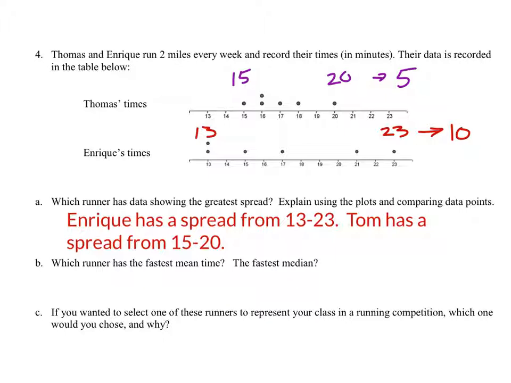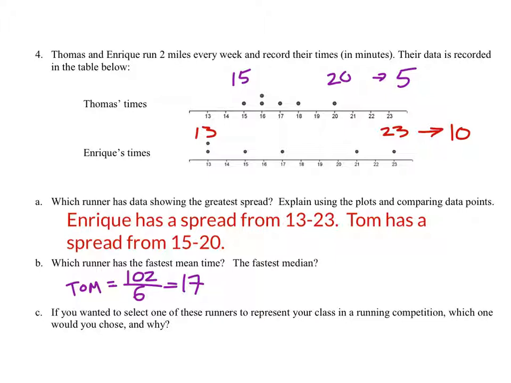All right, then which runner has the fastest mean time? So we'll start with Thomas. Let's add all his together. So we're going to take 15 plus these two 16s, 17, 18, and 20. So that's a sum of 102 for Tom. And we're going to divide it by 6 numbers.